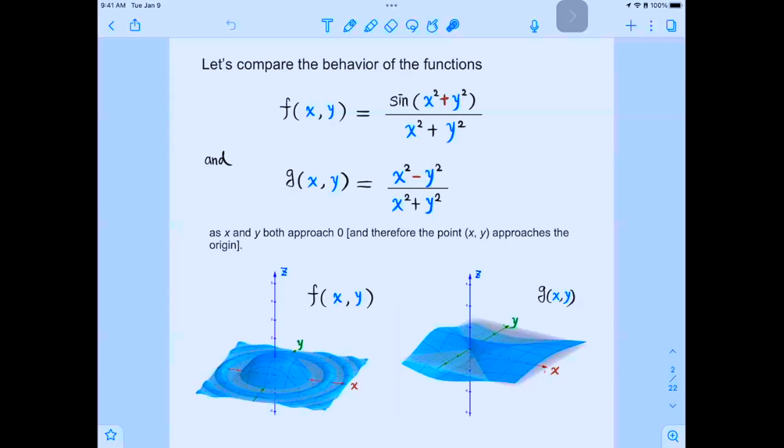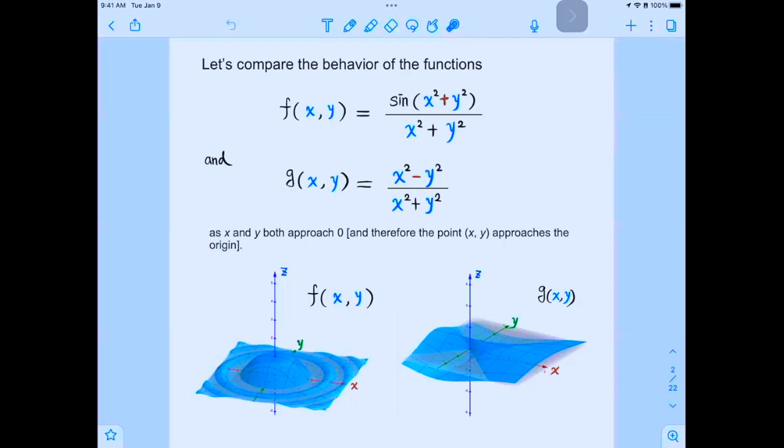So there should be an empty hole over here. However, it doesn't matter how x and y approach 0, as long as you go along the surface, you're going to get arbitrarily close to this point. So this function is going to approach 1. It looks like the function value is 1 here.